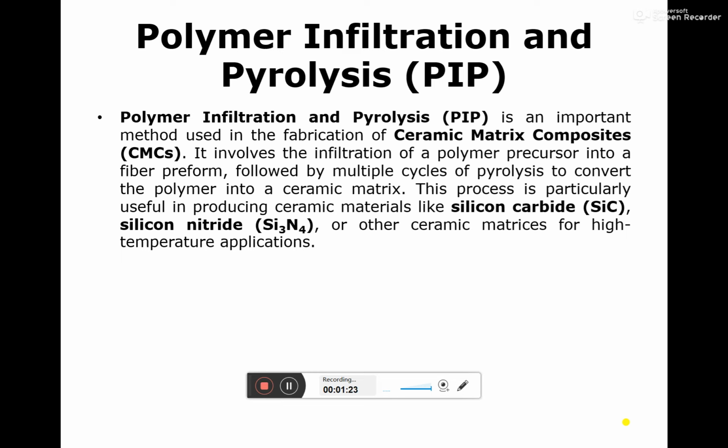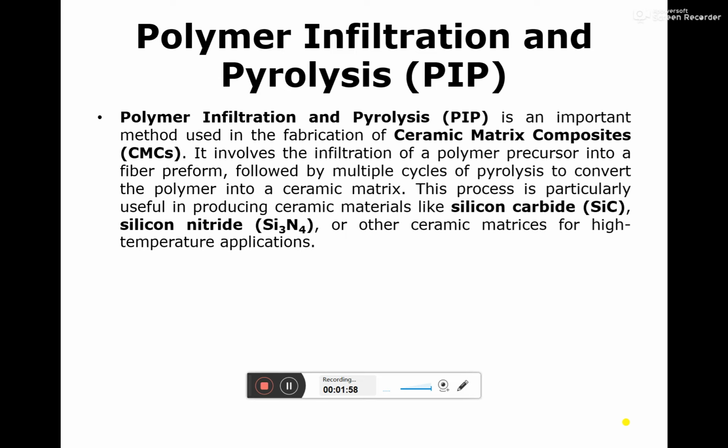As I already mentioned, this is one of the infiltration processes. There are four different types of infiltration techniques to produce ceramic matrix composite materials, and one of them is the polymer infiltration and pyrolysis process. It is an important method to fabricate ceramic matrix composite materials.